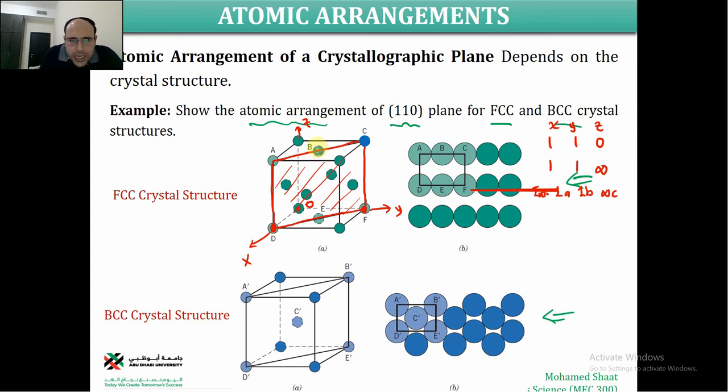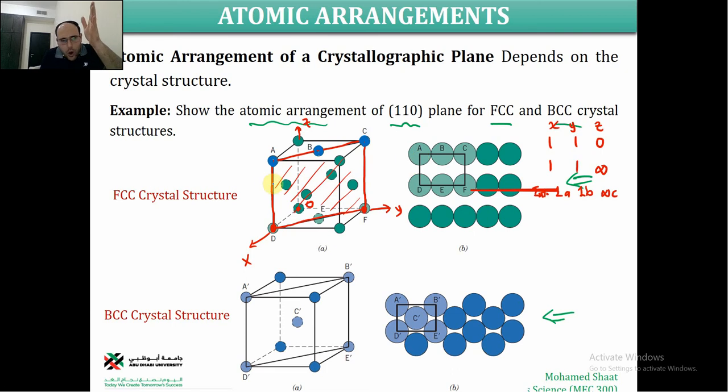This atom B is located at the center of the top face, and this edge is located over this top face. It means that this point B is over this edge in the middle. It is one of the points located over this plane. So that's why you're going to find atom B. Also, you're going to find another atom, which is atom A, located at the other corner.